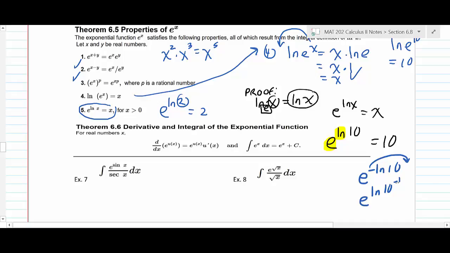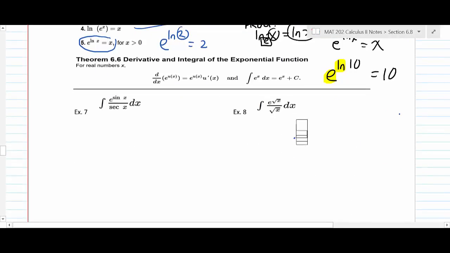Yeah, and then you would have e to the ln of 1/10. So then it'd be 1/10. So that works out that way. So if you had a number in front of the ln, like you're saying, you could bring it up. And you'll see that kind of at the end of the section. We'll actually do that idea a little bit there.